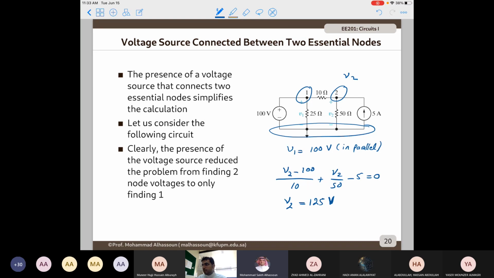The reason I'm getting 125 here is that I don't only have a voltage source, but I also have a current source. So the current source has some added voltage associated with it.